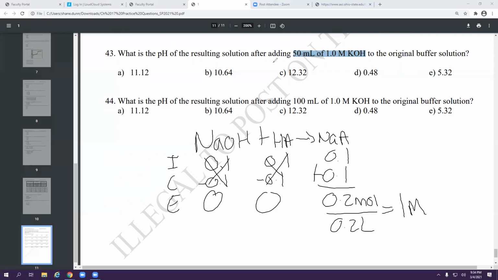That's NaOH. So now we have the base left over, which means we have to convert the Kw to Kb.